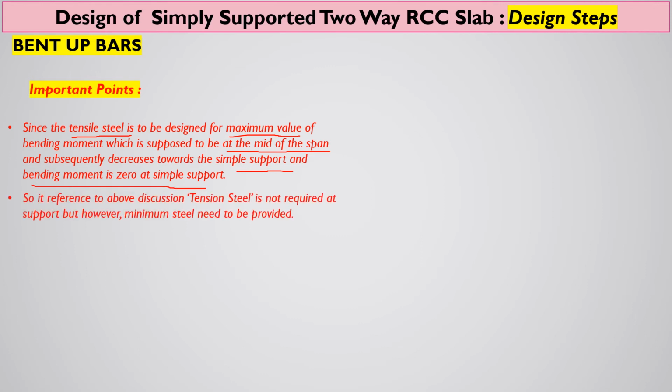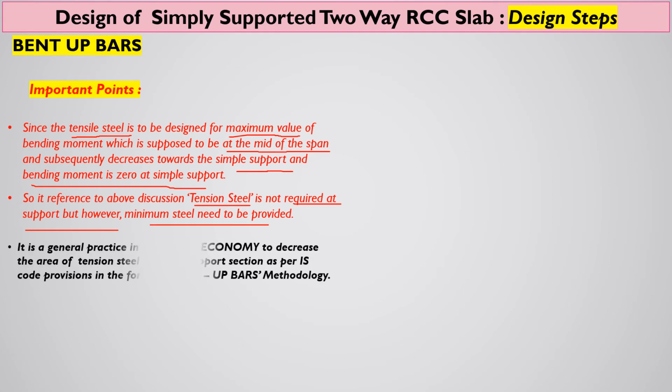So whatever tension steel we have calculated for the mid of the span is not required at the support level because the bending moment is 0. So minimum steel is required to be provided there. And again, it will also take care of economy.